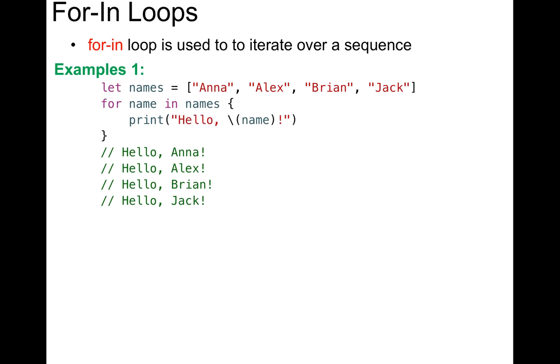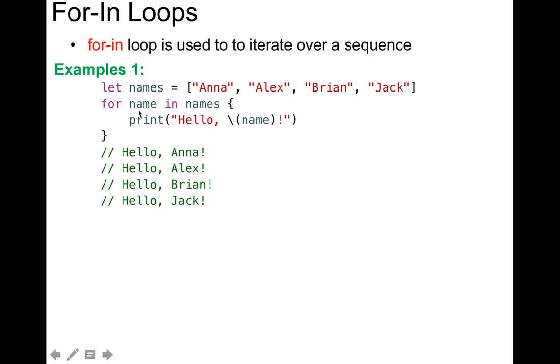This just shows an example. We have names as an array. It's a string array. In order to print out all of these elements, we can just use a for-in loop.